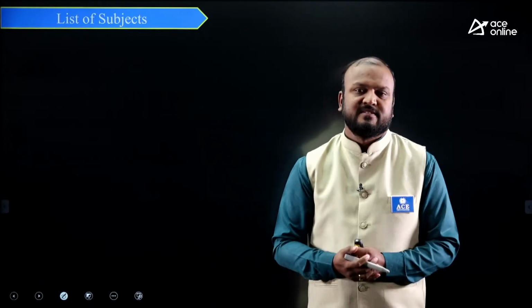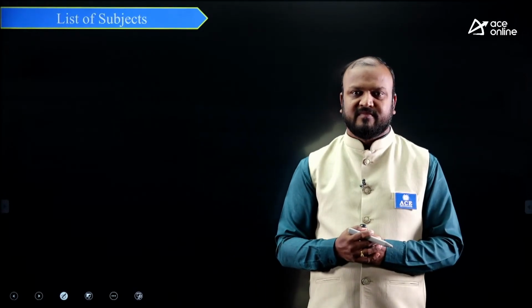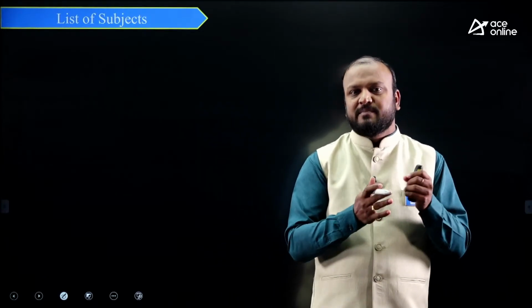Nowhere is ISRO giving the exact syllabus. And it is observed from the previous GATE question papers that the ISRO syllabus is almost the same as the GATE syllabus. Whatever subjects and syllabus are there in GATE will be used as a basis for the ISRO exam.